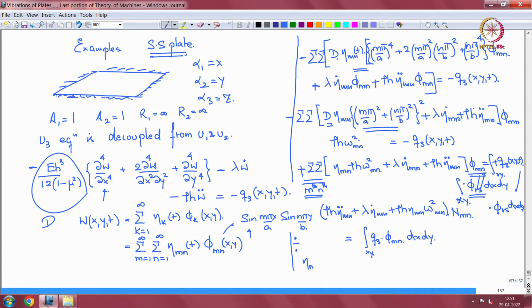So I get eta mn double dot, and I will write it as twice zeta mn omega mn eta mn dot plus eta mn omega square mn, okay, is equal to 1 over rho h nmn integral xy q3 phi mn.